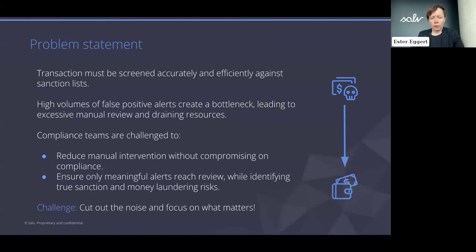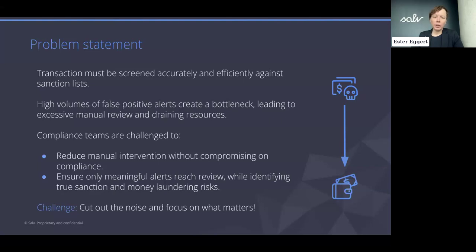Usually all good presentations start with the problem statement, right? And we are all compliance professionals here, so there's nothing new on this slide, but just to be on the same page. We are specifically talking about transaction screening.